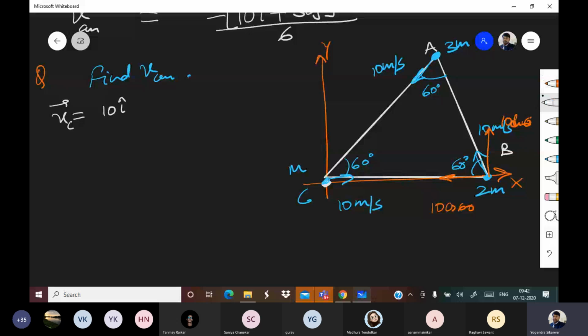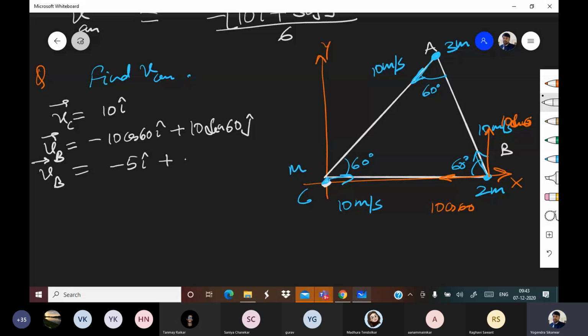So VB comes out to be in vector form minus 10 cos 60 I cap plus 10 sine 60 j cap. Now 10 cos 60 will be minus 5 I cap, I have done the calculation, and 10 sine 60 will be 5 root 3 j cap.